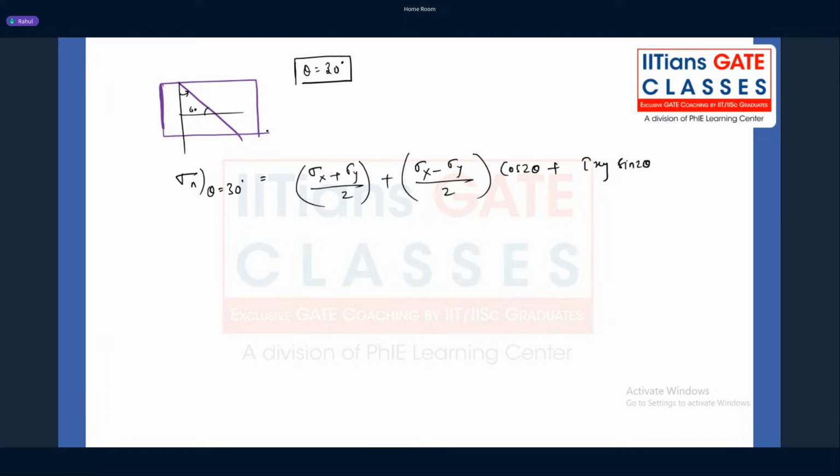But before that, we need to find sigma x, obviously the longitudinal stress, and sigma y, the hoop stress. You can calculate that very easily: PD over 4t and PD over 2t. P is 0.2 megapascal, because the pressure is 200 kilopascal and when you convert everything to megapascal you get 0.2 megapascal.